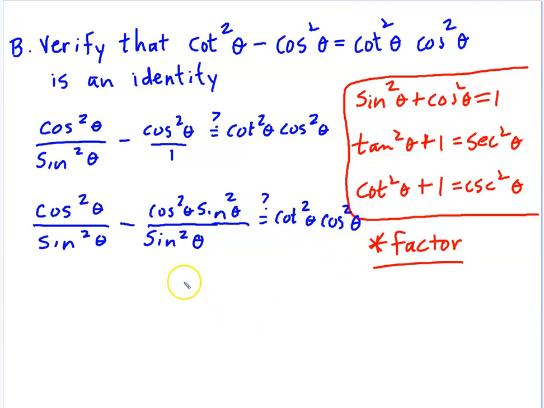Okay, so now we can put these numerators together, and notice that when we subtract, the cosine squares are going to cancel each other out. Let's go ahead and list this out. I'm actually going to do some factoring.